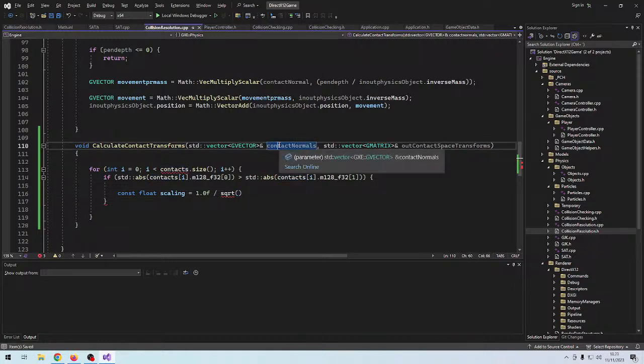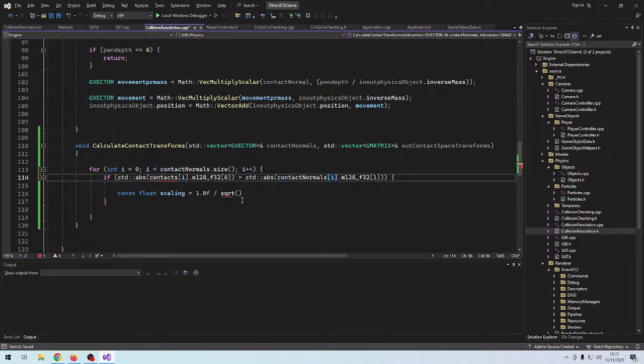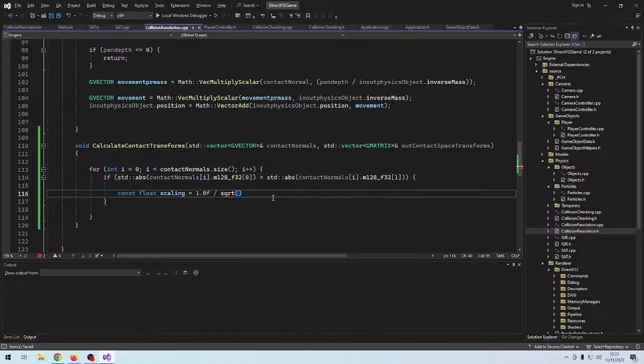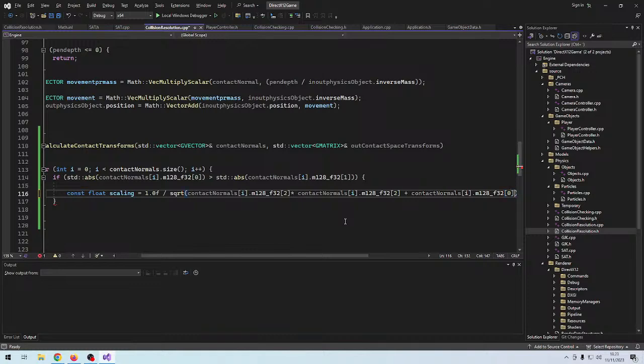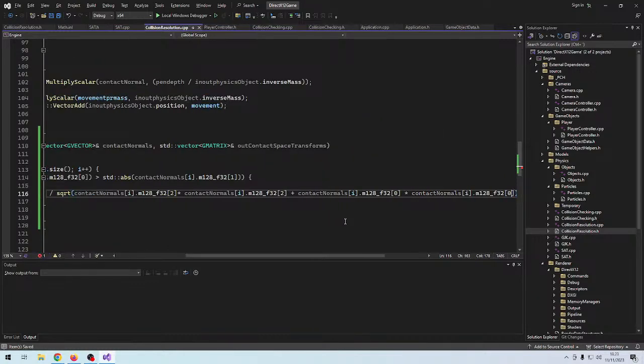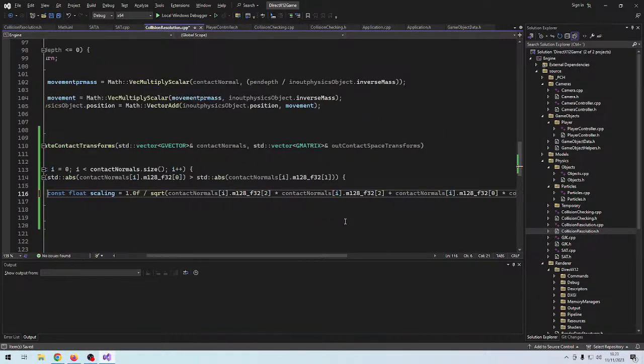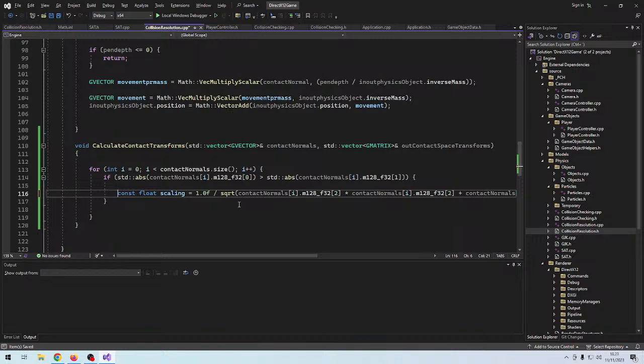Let's do contact normal, so it will be easier to read since it's not contacts as per se. Then we take the set component and square it, plus the x component and square it. That's the scaling factor.